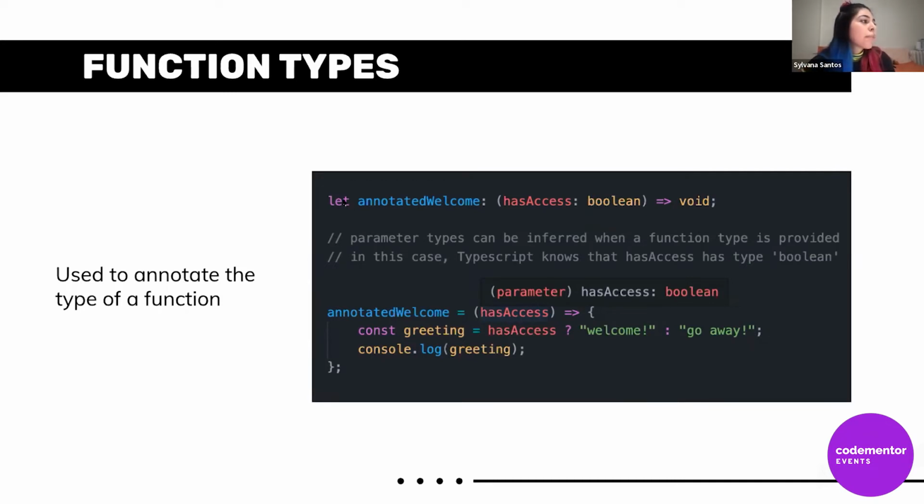So this is saying, I have a variable, it's called annotated welcome, and its type is a function. And that function takes in a Boolean and then returns void. So now if I go and try to give annotated welcome a value, I don't have to specify that has access is a Boolean because it already knows that from the function type that I gave it.